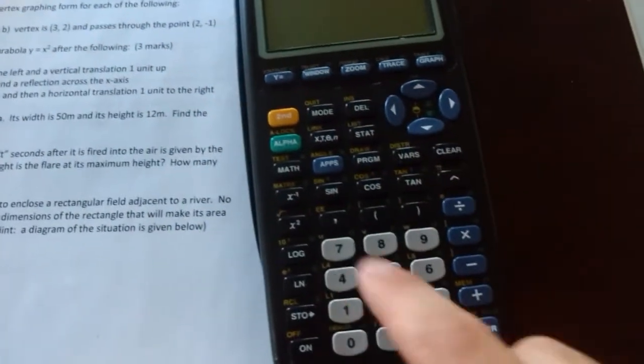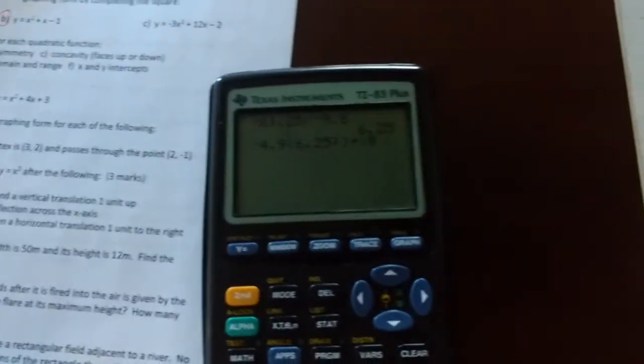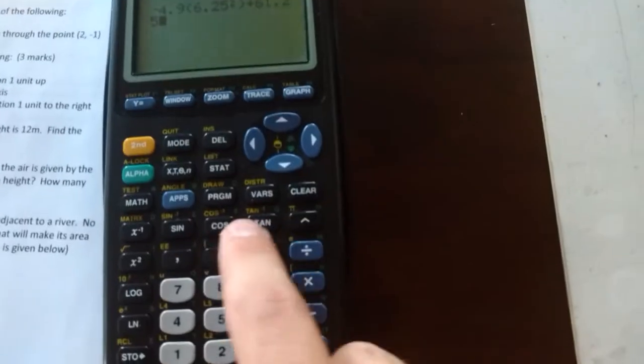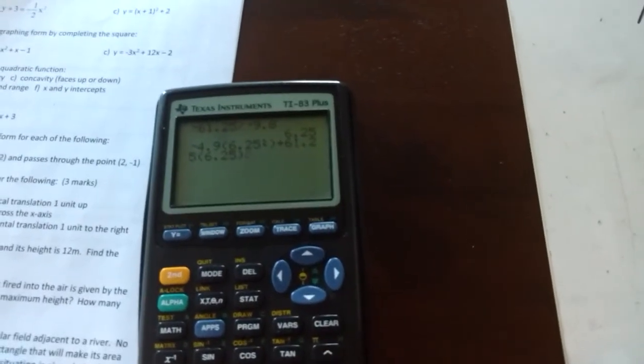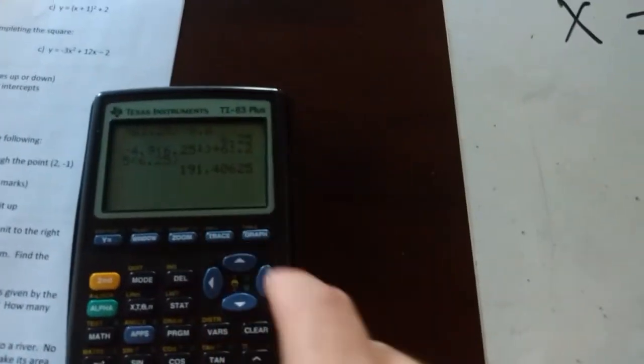So we'll go negative 4.9 times 6.25 squared plus 61.25 times 6.25. And of course, looking like I did that correctly, our y value in this case is going to be about 191.4.